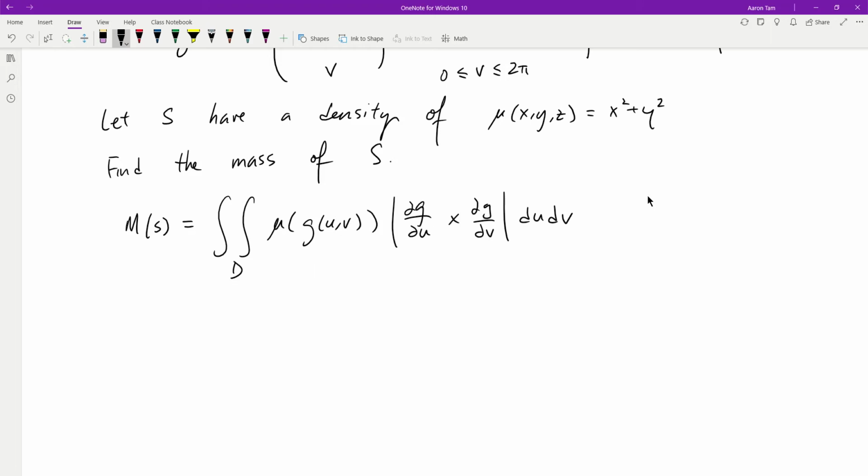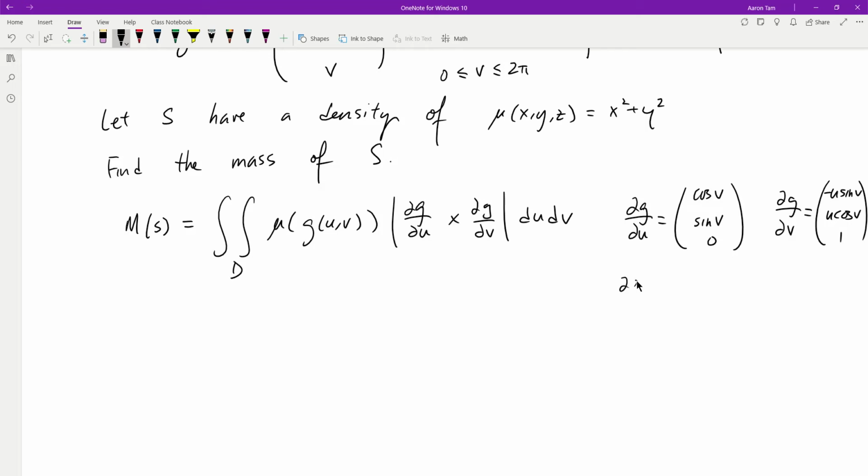So since g is u cosine v, u sine v, v, I'm going to say that dg over du would be cosine v, sine v, 0. And dg over dv should equal negative u sine v, u cosine v, 1.